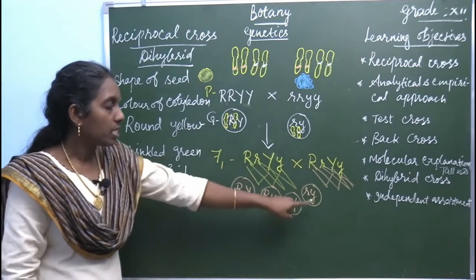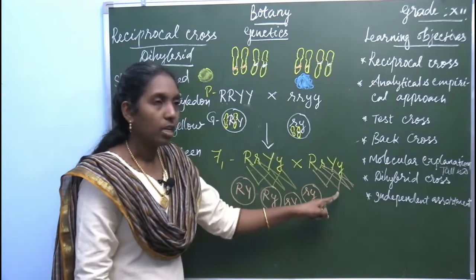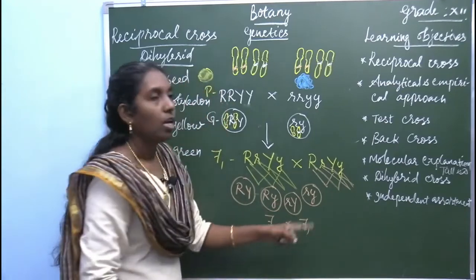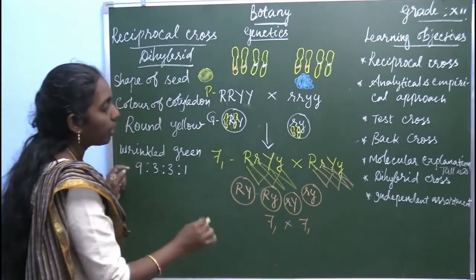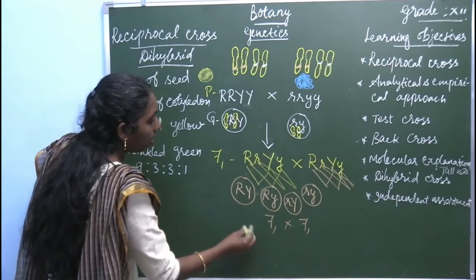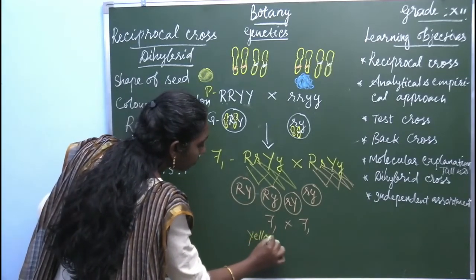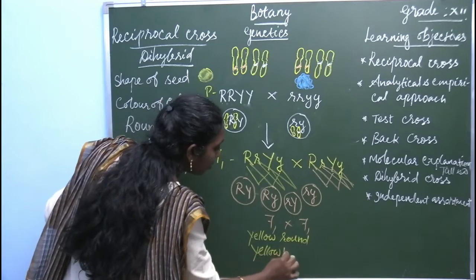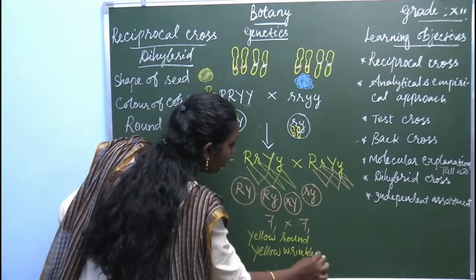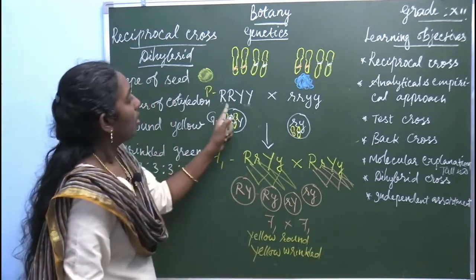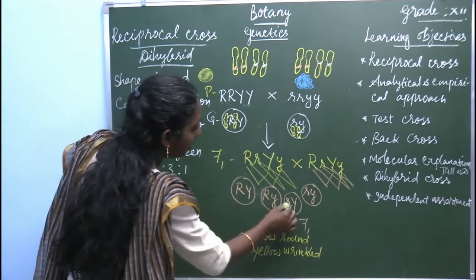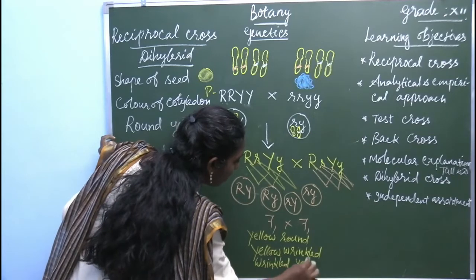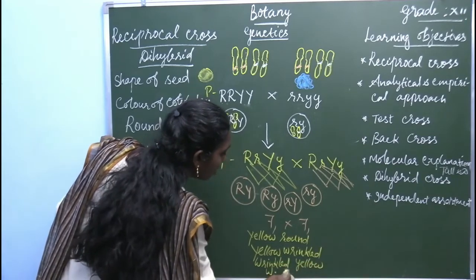When you make a cross between this hybrid and hybrid, F1 into F1, self-crossed, you get 16 possible combinations, where it shows round yellow, round yellow, round green, wrinkled yellow, and wrinkled green.